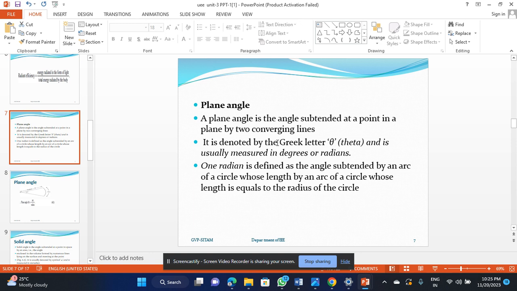It is denoted by theta, a Greek letter, and usually measured in degrees or radians. One radian is defined as the angle subtended by an arc of a circle whose length is equal to the radius of the circle.